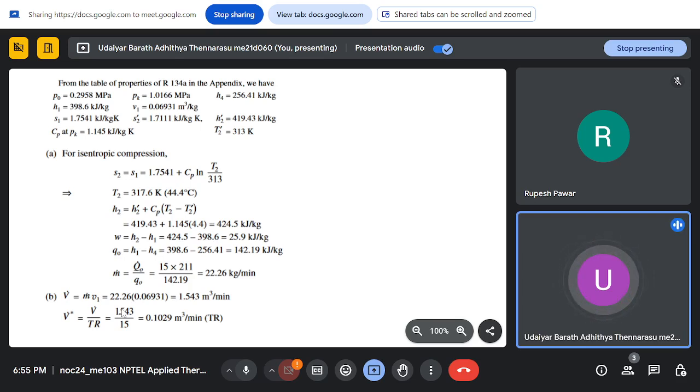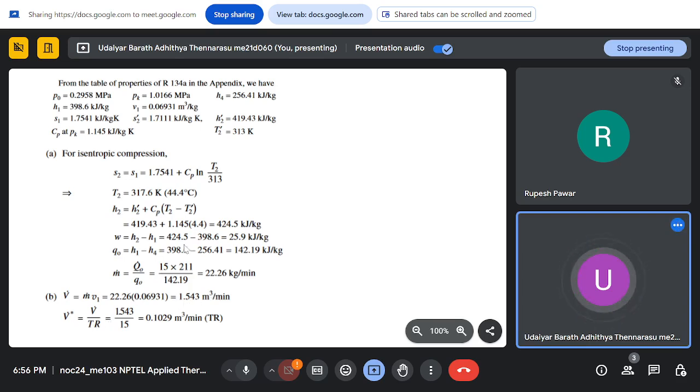So whatever displacement volume there is will be equal to the mass going in, so mass into your specific volume. The mass we have found out, 22.26, into your specific volume of 0.06931, will come out to be 1.4543 meter cube per minute. So that is your theoretical displacement volume.